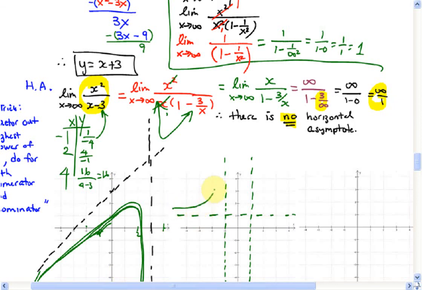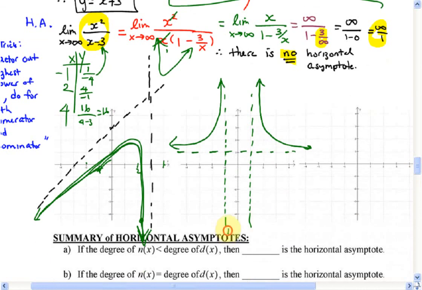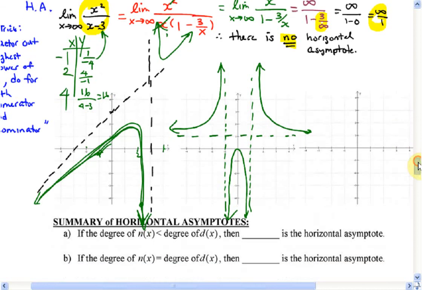You've got this part up here, and this part down here like this. Okay? All right. I'll try the next one with you. And then I want to do a quick summary, and maybe I'll stop there for today.